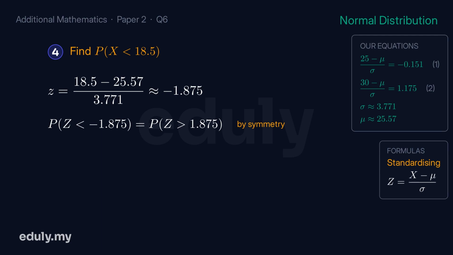The left tail past negative 1.875 equals the right tail past positive 1.875. Looking up 1.875 and subtracting from 1 gives 0.0304.